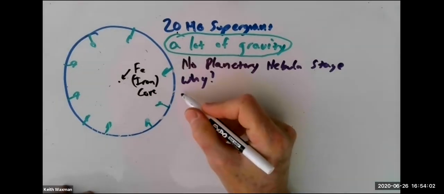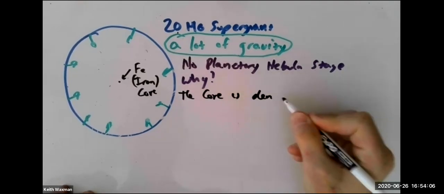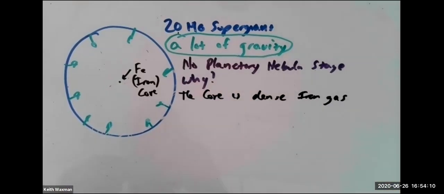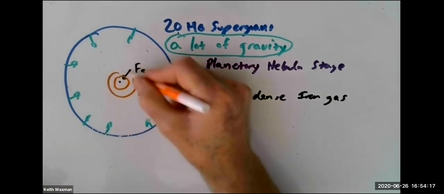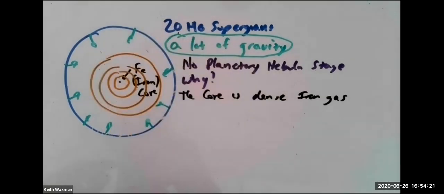So eventually the core is dense iron gas. But you know what's going on around the core? There's all these regions. What do we call this again? Shell fusion.